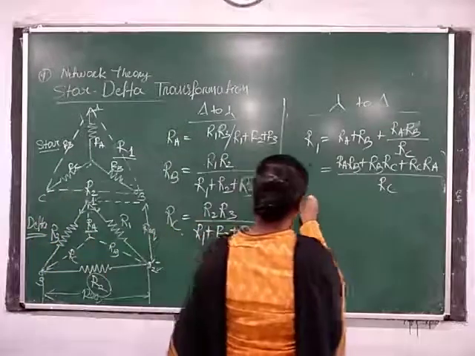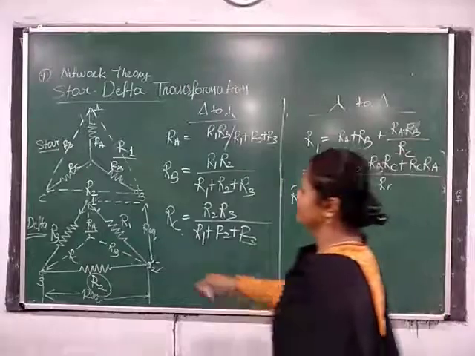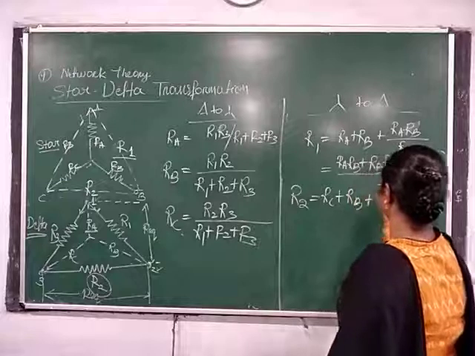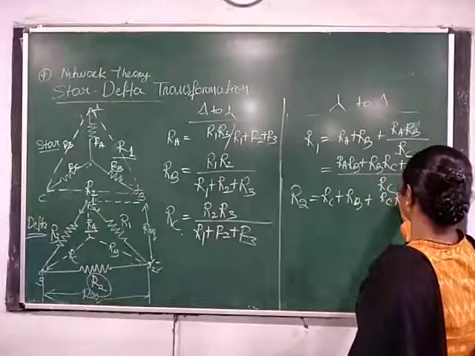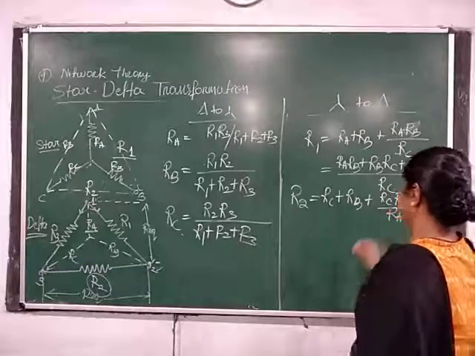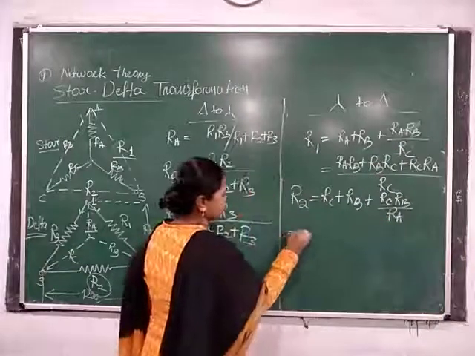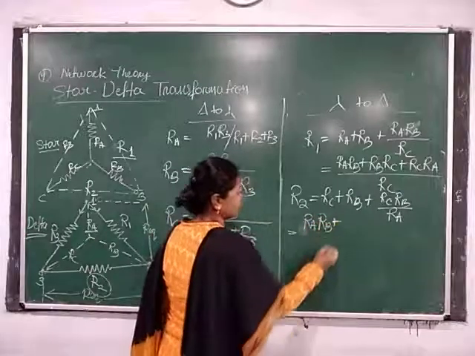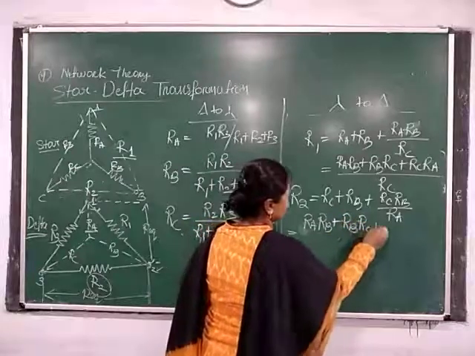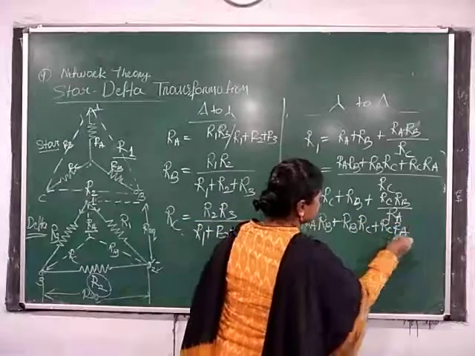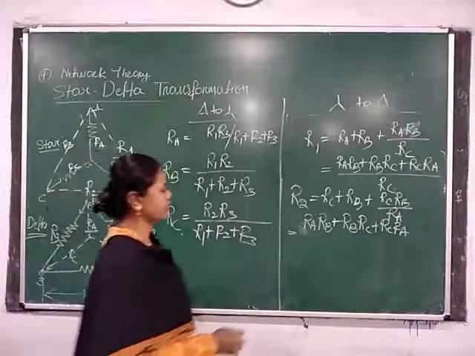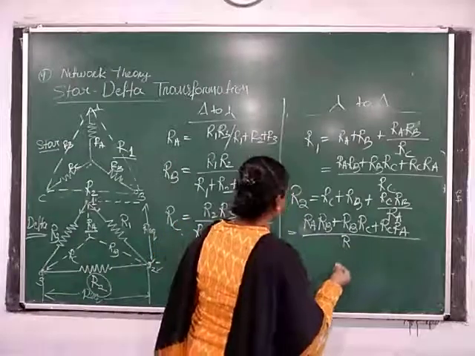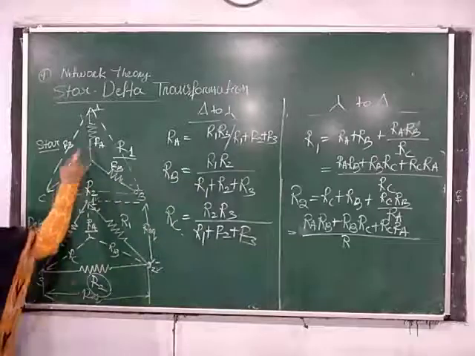Similarly, you get R2, this one. This is RC plus RB divided by RA. Or if you simplify this equation, you get RA RB plus RB RC plus RC RA, the addition of the cross multiplication of the resistances in star divided by the resistance in star opposite to delta. What were we finding here, R2, its opposite is RA.